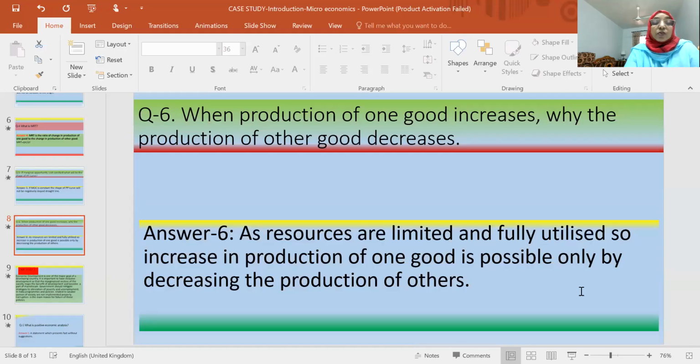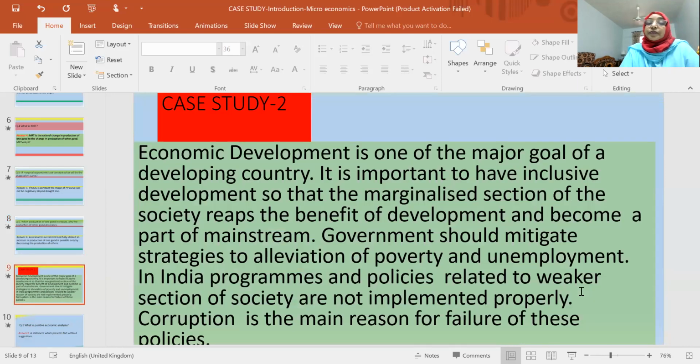Let's move to the next case study. Case study number 2. Let us read the passage. Economic development is one of the major goals of a developing country. It is important to have inclusive development so that the marginalized section of the society reaps the benefit of development and become a part of mainstream.